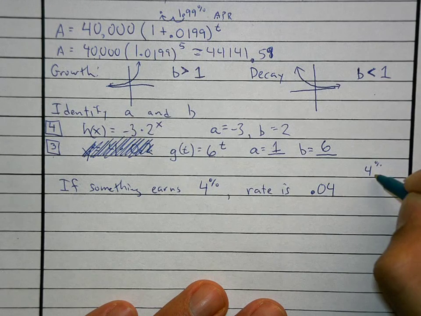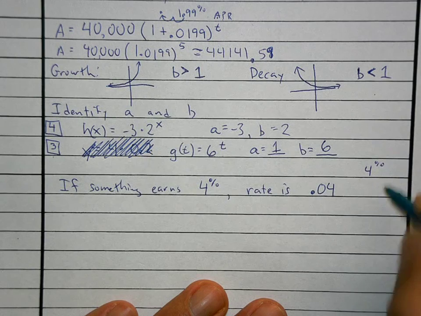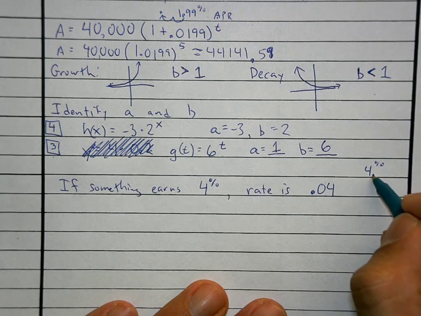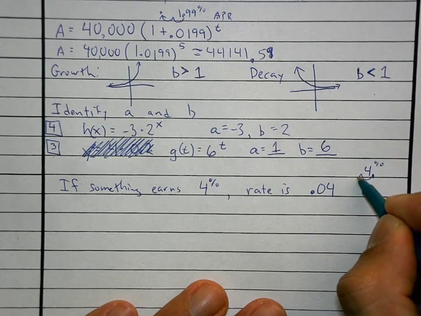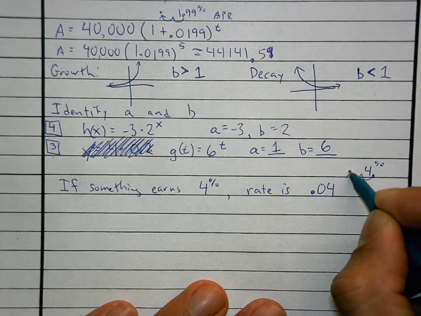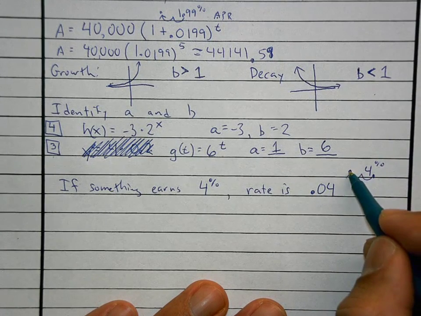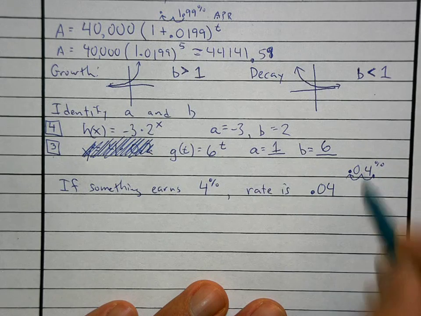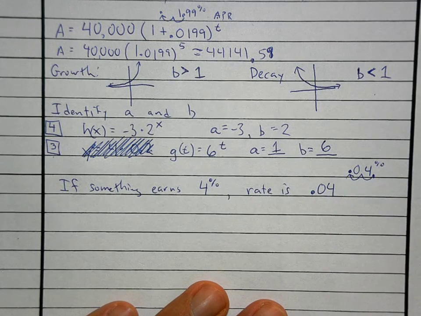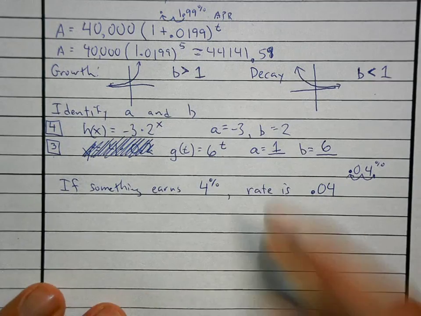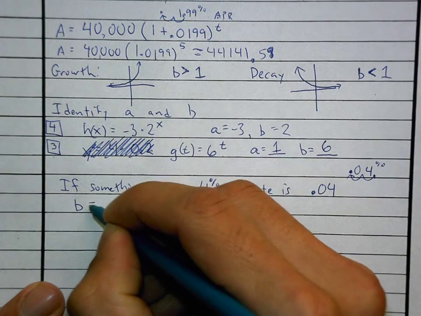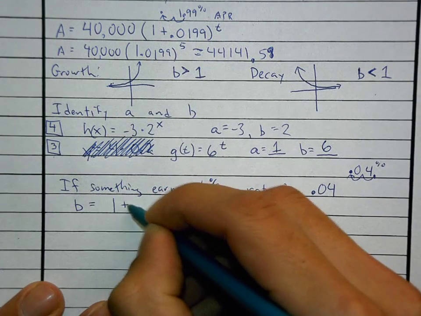I'm going to write it off here to the side. There's an invisible decimal place that's right to the bottom right, and then it moves to the left 2 places, which means we have 0.04 is our rate. That's not B. B will equal 1 plus the rate.